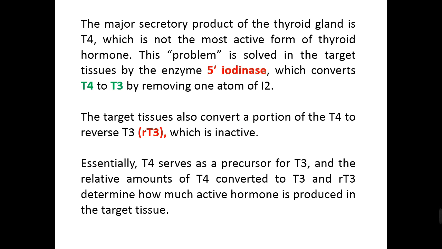The target tissue also converts a portion of T4 into reverse T3, which is the inactive form of T3. Essentially, T4 serves as a precursor for T3 in the circulation, and the relative amounts of T4 converted to T3 and reverse T3 determine how much active hormone is produced in the target tissue.